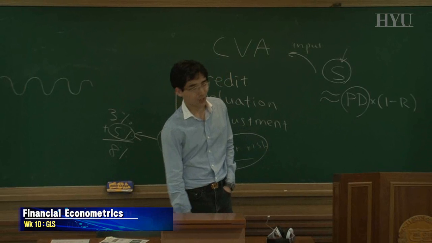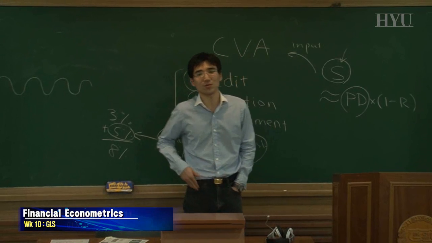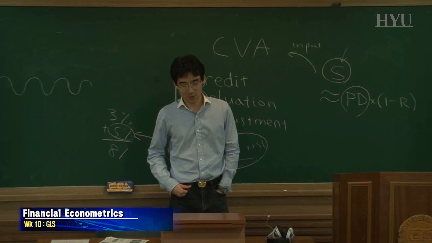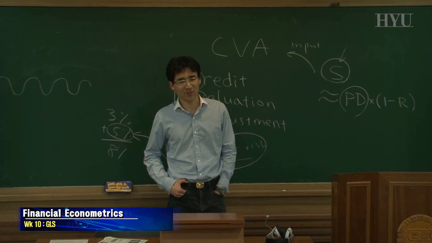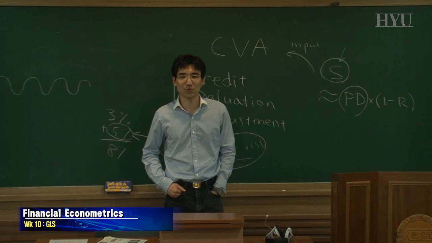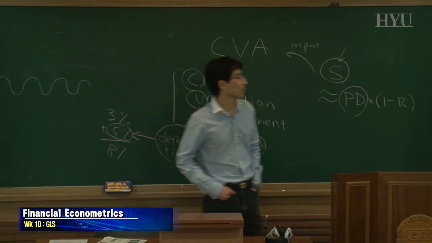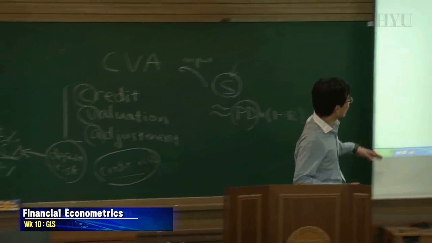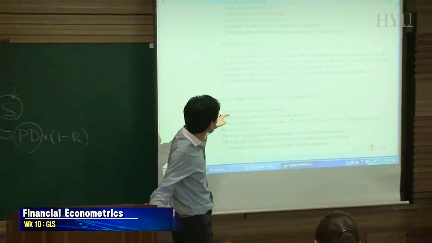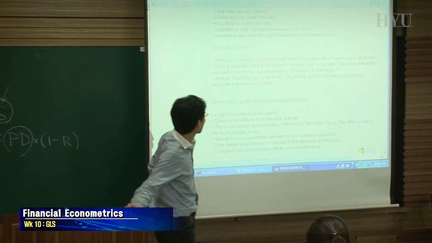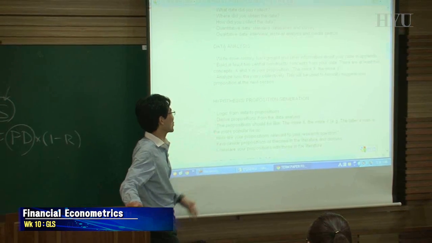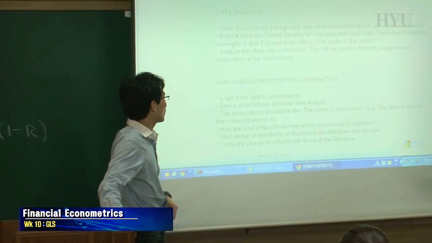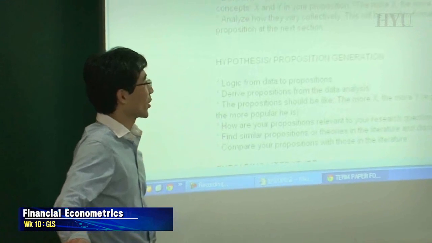Once you have done the data analysis, now you have to generalize. Generalization means you have to develop a hypothesis or proposition. From the data analysis, you need logic to derive a proposition. A proposition should be like this: the more x, the more y.